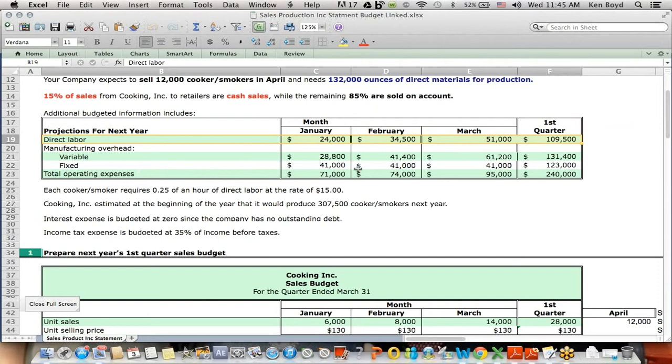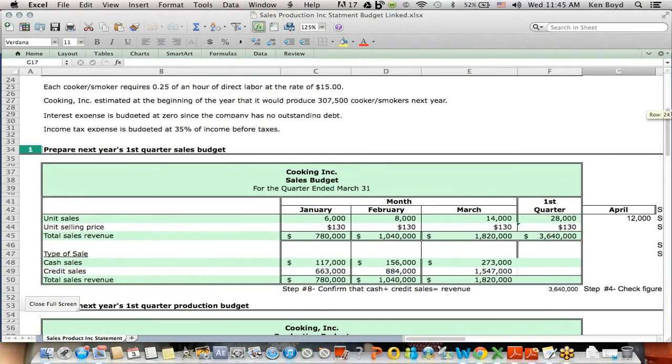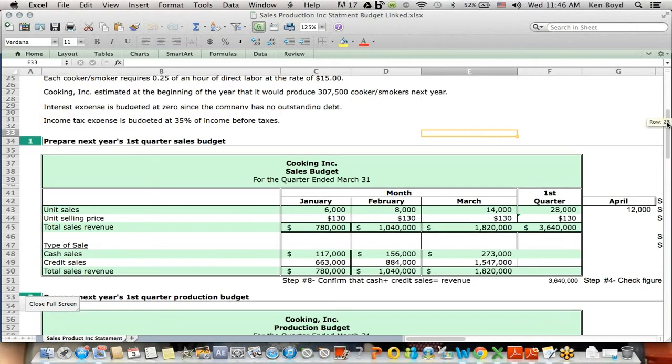I don't think that's correct, but I left it that way so I could do the problem for the student. We're told about direct labor, how much of an hour it takes to make a unit and what the rate is that we pay for labor. No interest expense. We're given an income tax budget of 35% on income.